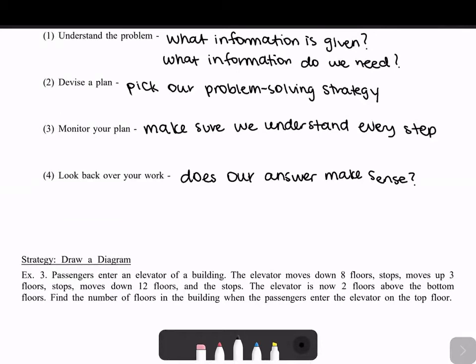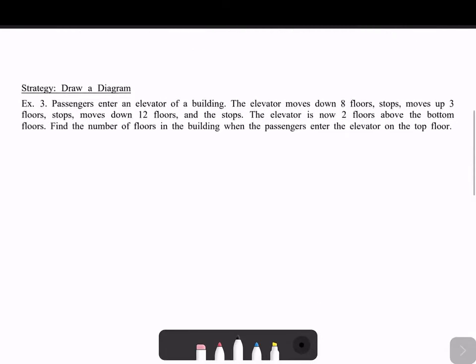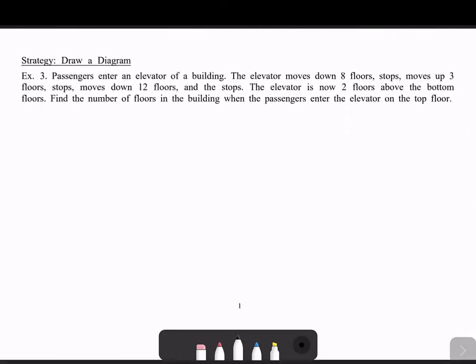So the first strategy we're going to go over from section 1.2 is drawing a diagram. This is covered on pages 13 and 14 of the textbook. We're going to go over an example here. In this strategy, we're going to draw a diagram.